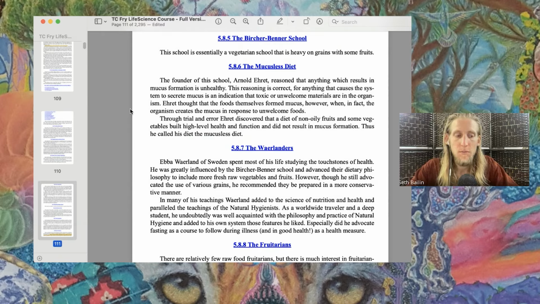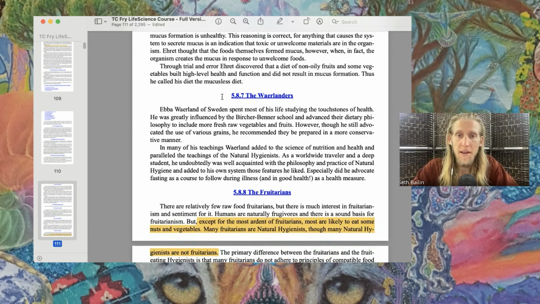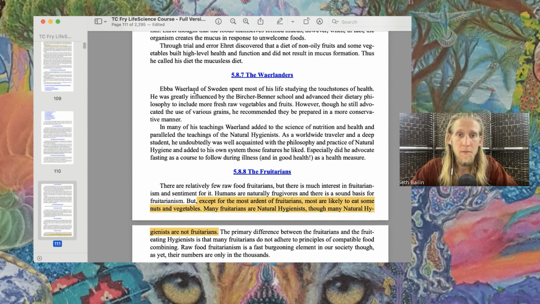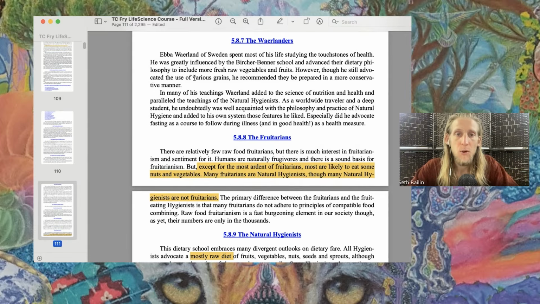There's a big level of overlap between natural hygiene and the mucusless diet healing system and a raw food diet, although they're not 100% the same. The Wehrlandes is also very similar to natural hygiene, a Swedish offshoot that included various grains, albeit prepared in a more conservative manner.